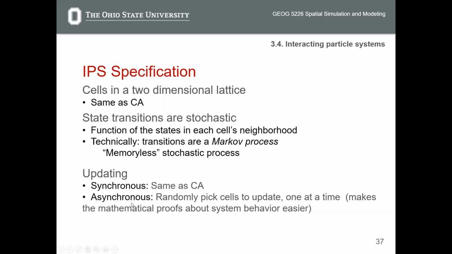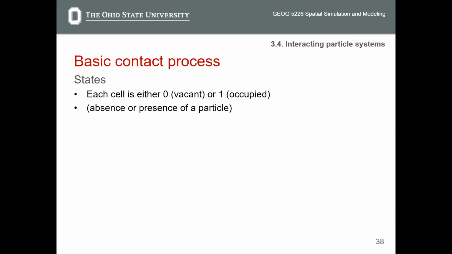If you ask me which one you should use in your research, again, there is no correct answer for that. It depends on your specific application, and you have to decide that. If you are using asynchronous updating, you need to randomly pick cells to update one at a time.